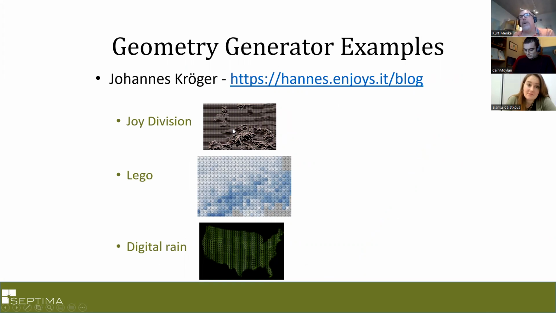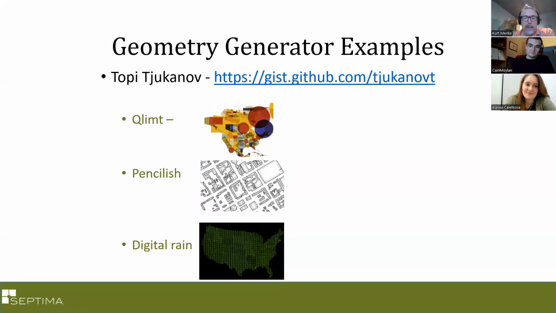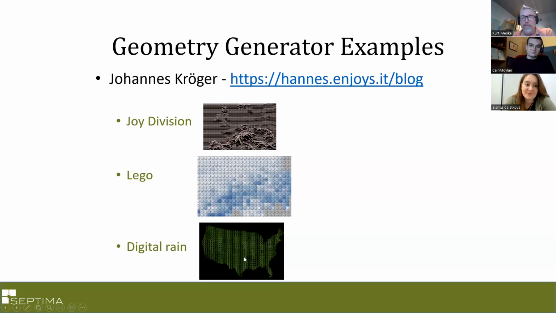There was a punk band called Joy Division in the early 90s, and they had this classic album cover like this, and now people are recreating that with real GIS data. Creating Lego maps of areas, you can do that with geometry generators. And that's a very Danish thing to do, of course. And digital rain. Yeah, I've created a map of Denmark in a Lego style before because I had to.